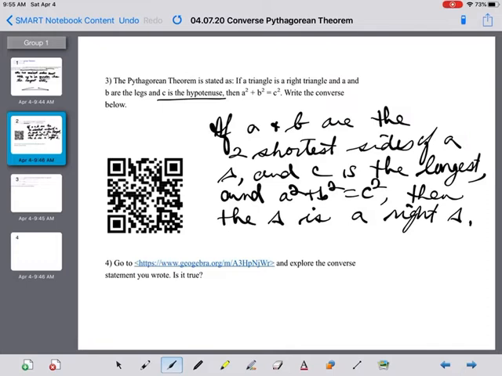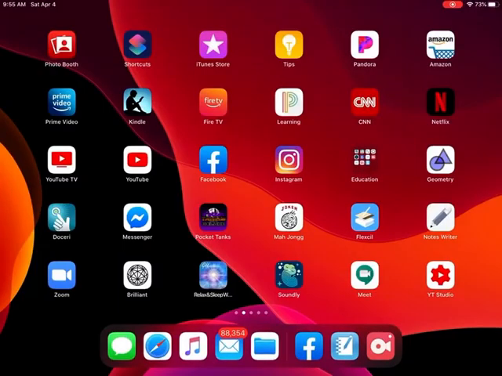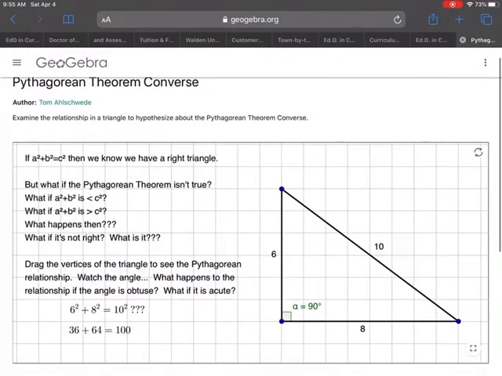And then you should have already explored the GeoGebra. And let's open that up to see. Here it is.